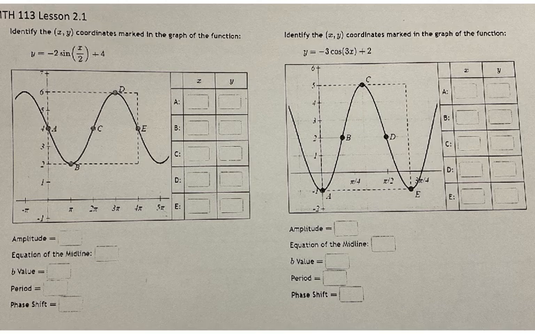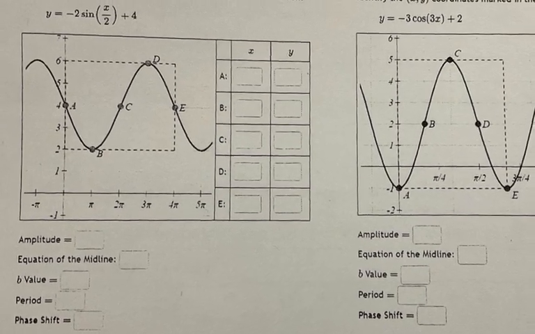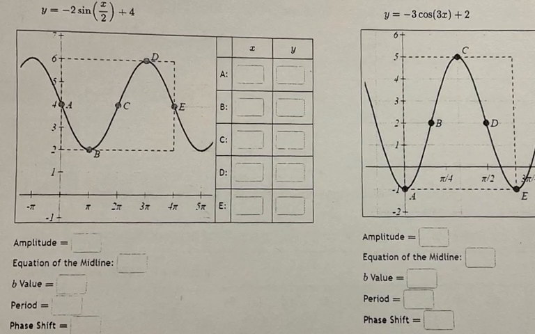Okay, so here, they're graphed, and they want me to identify what the points are, and then identify some of the transformations that have occurred. I think this is so easy, though, because it gives you the equation right here. So let's come up with these points first.